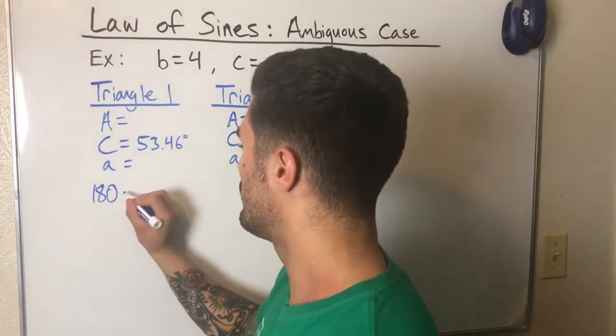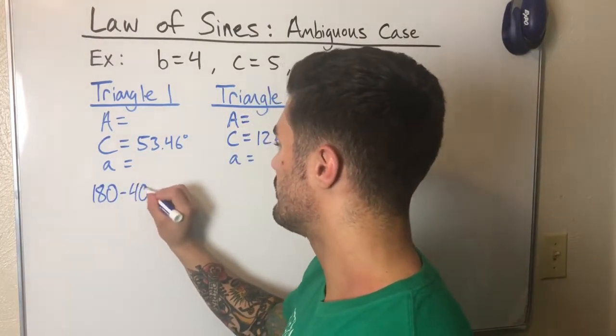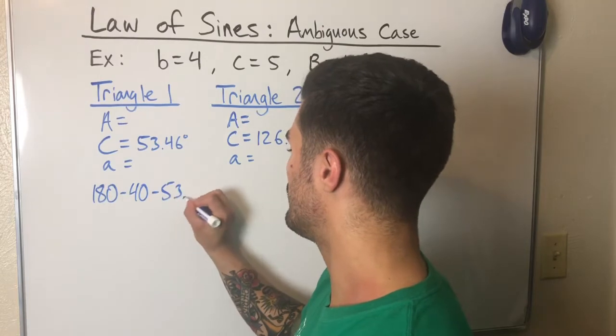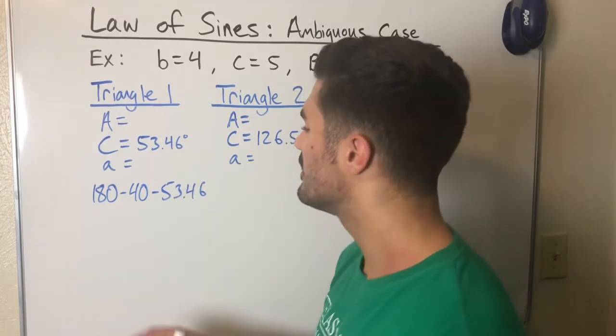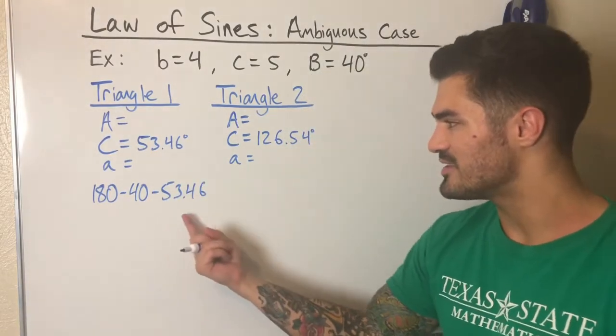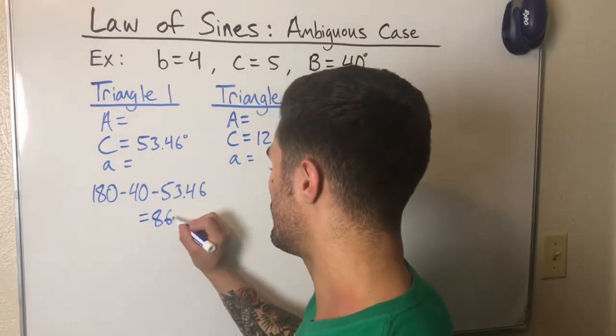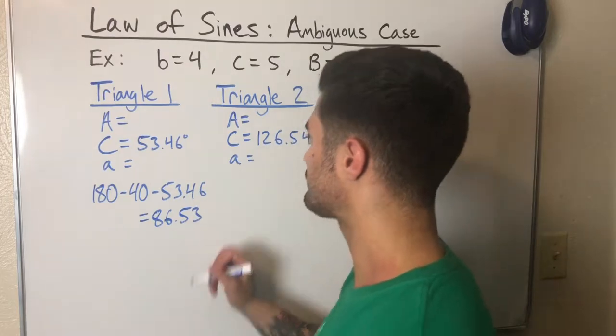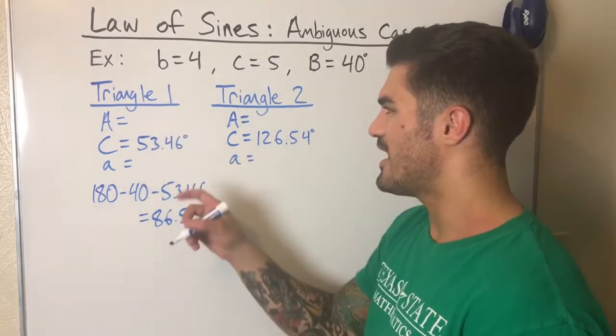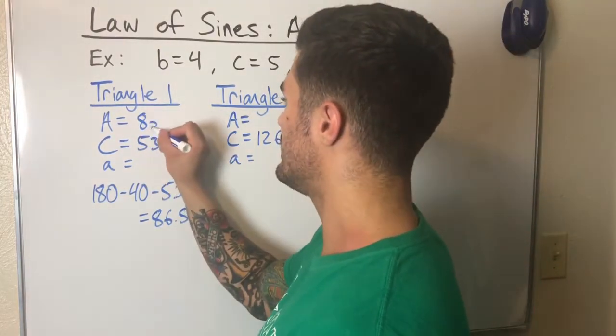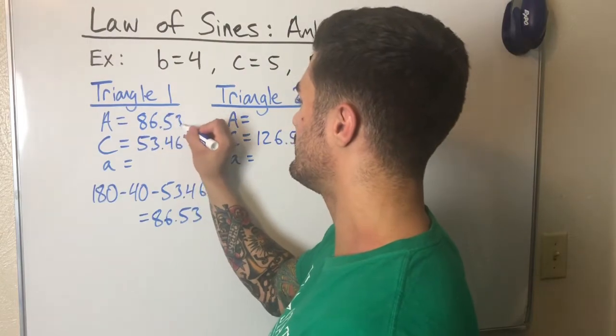180 minus 40 minus 53.46, okay? And that's going to give us, let's see, minus 93.46. That is 86.53, all right? So my angle A for triangle 1 is 86.53 degrees.